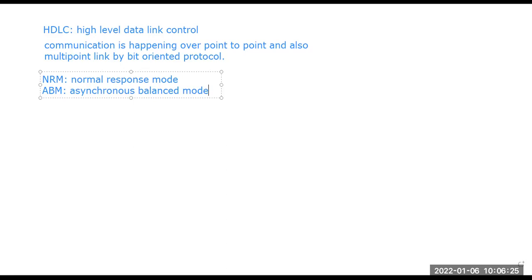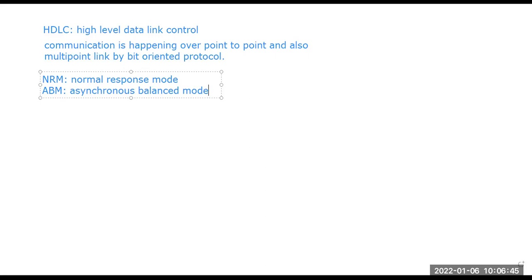Let us look at the first one, NRM, normal response mode. What is the scenario? The station configuration, whether primary or secondary, meaning the sender and the receiver, is not balanced.